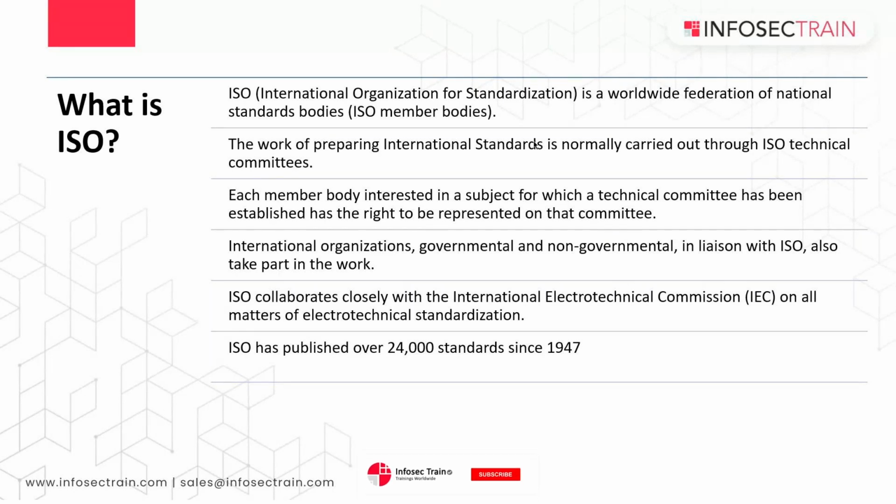Whenever you find the name ISO/IEC on any ISO standard, it is an indication that the standard was developed as a joint work of two organizations. Till date, more than 24,000 standards have been developed. Mostly these standards are divided into two broad categories.